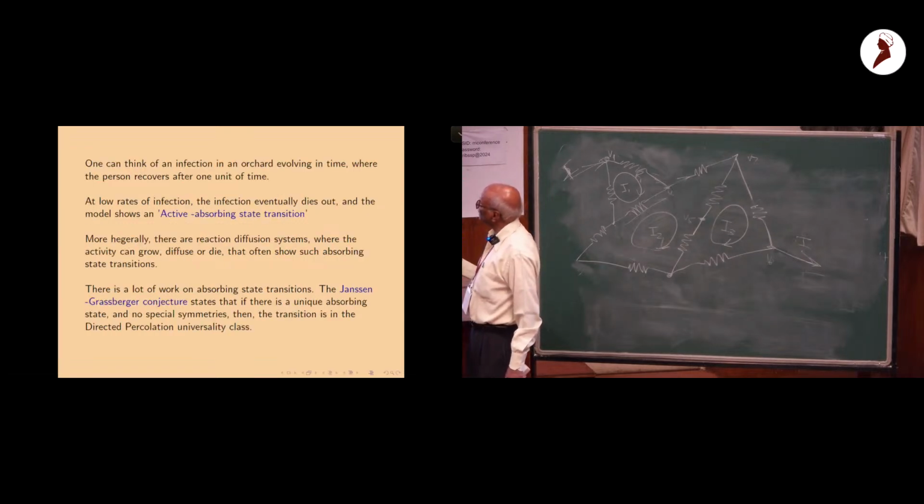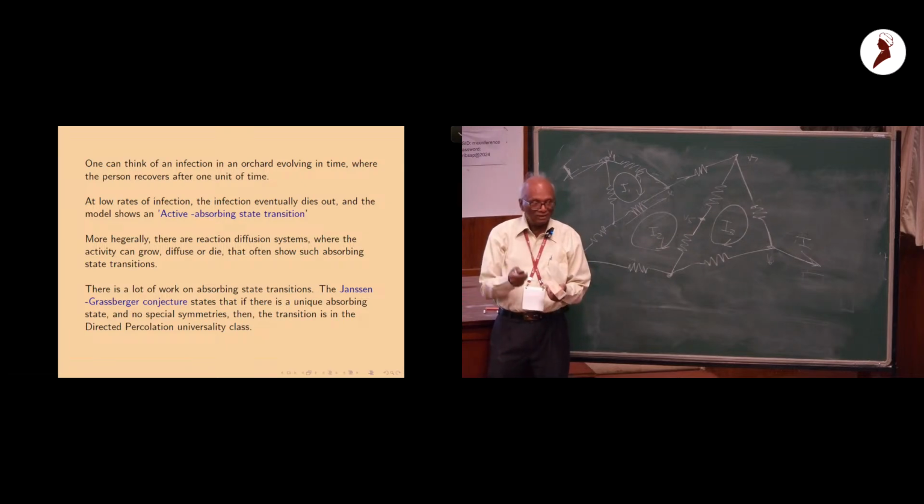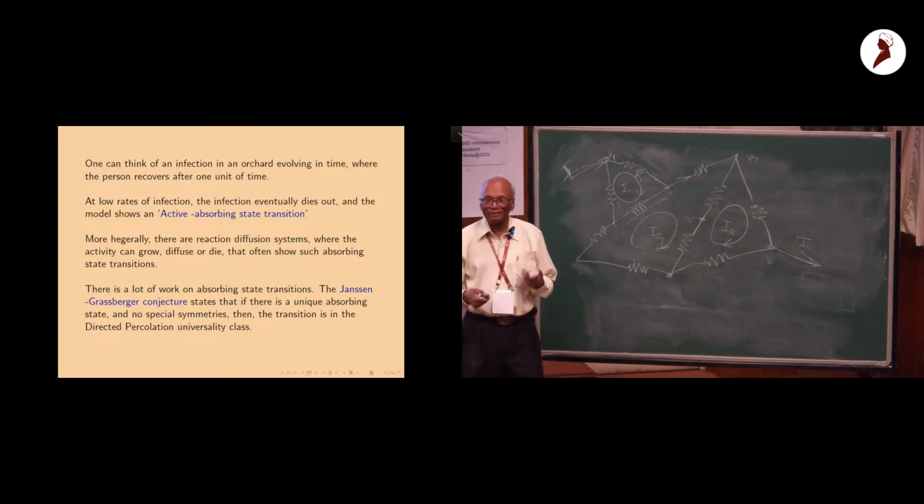So one can think of the infection of an orchard evolving in time, where the tree recovers after 1 unit of time. At low rates of infection, the infection dies out. Suppose you have an orchard and there are trees which get infected, but they recover. If they are infected, they can infect a neighbor with some probability. But this probability is low.